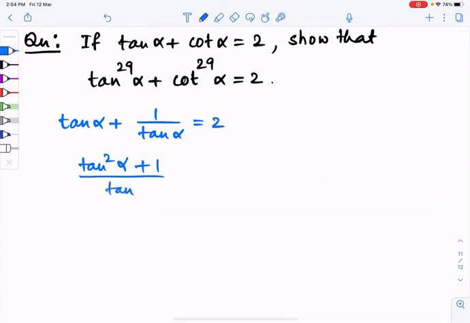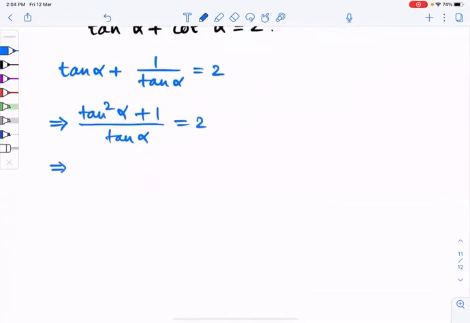That is our LCM. Right side is 2. Now, if we cross multiply and rearrange the terms, tan square alpha will remain. 2 into tan alpha will come this side as minus 2 tan alpha, minus 2 tan alpha plus 1 equal to 0.